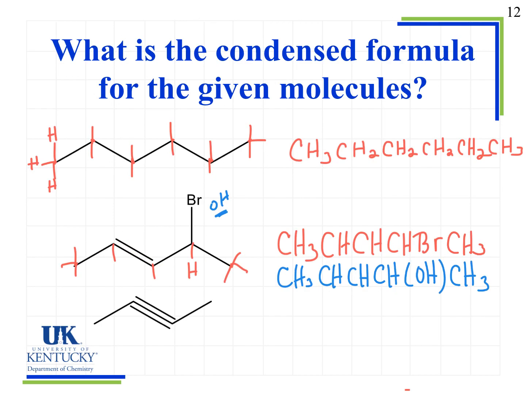Now we look at our last molecule here. Again, I'm going to go through and add my implied hydrogens in. So the first carbon has 3. When I look at this second carbon, I notice that it already has 4 bonds. It has a single bond and a triple bond, so that's a total of 4. That means there are no hydrogens attached to that carbon atom. When I go down to the third carbon, I see the same thing.